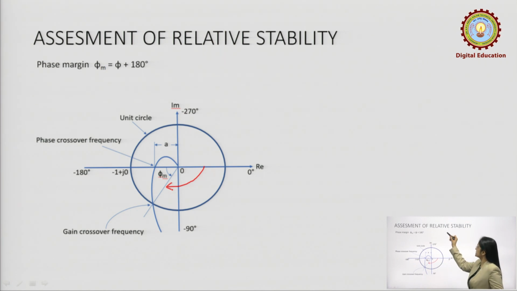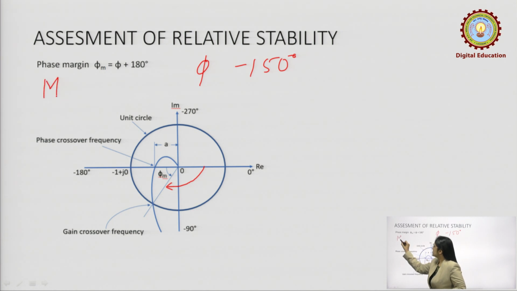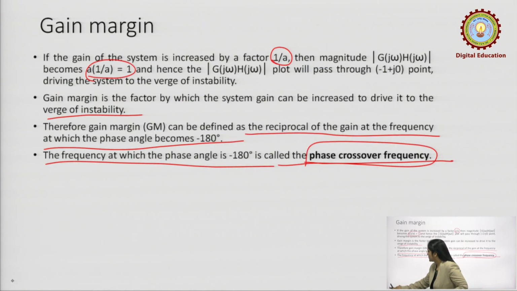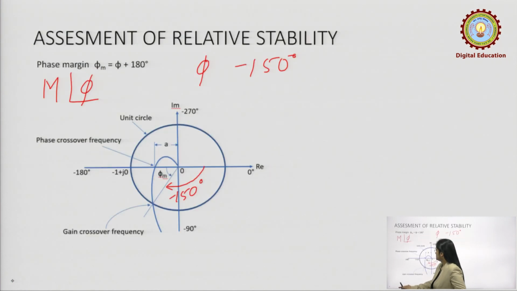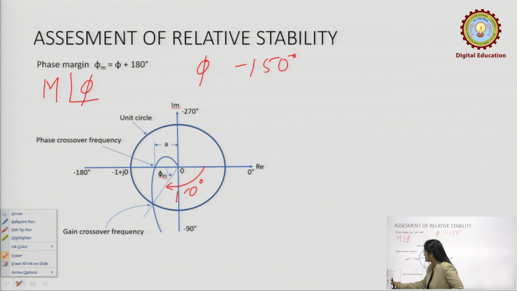If the phase angle is, for example, minus 150 degrees, it is in the clockwise direction here.